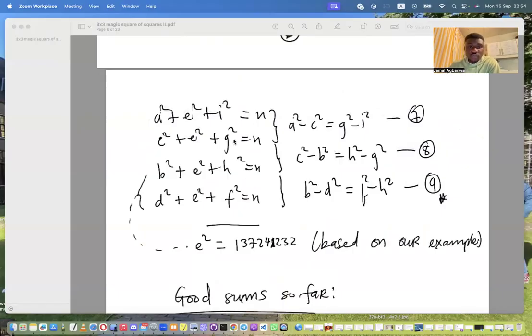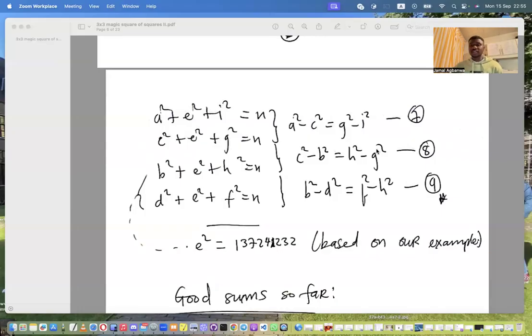But by extension, if you work things far enough, you find out that the value you get for e squared in this case will be different from the value you get for e squared in that case. So this particular equation serves as a bridge in the sense that if you flip things a bit, it is no different from getting c squared plus g squared equals h squared plus b squared.